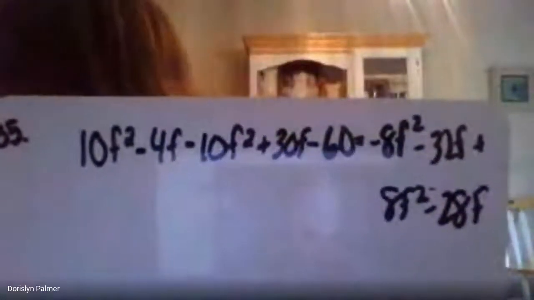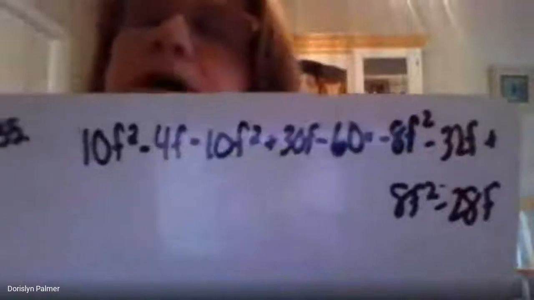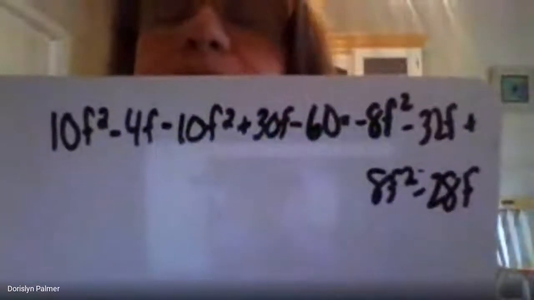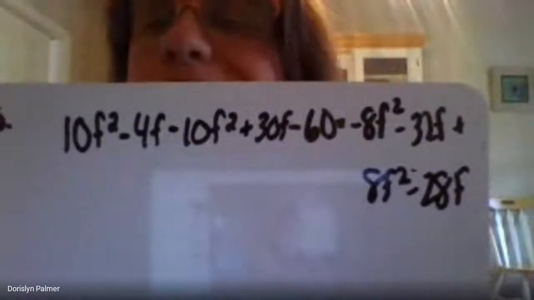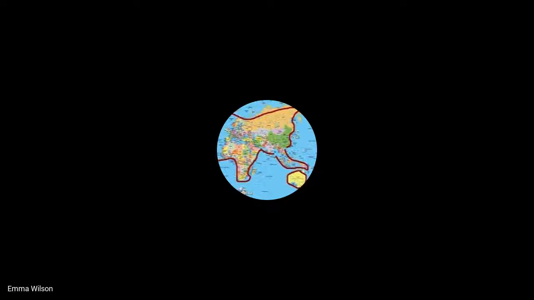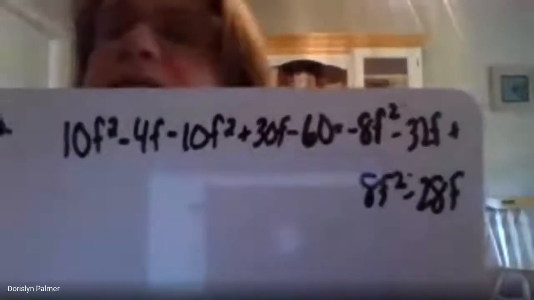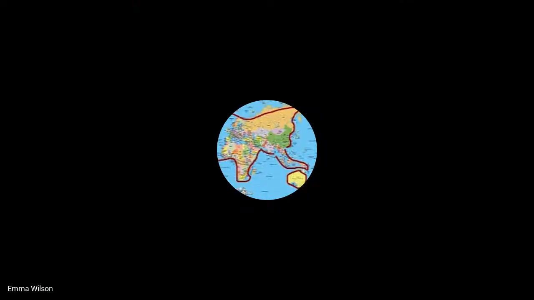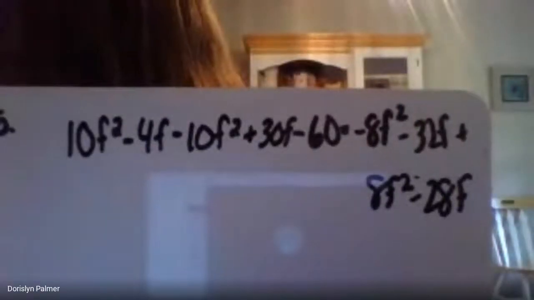So take that down, guys. Stop Mrs. Palmer if you see a mistake in there. I got 38F at the end. Yeah, that's very good. I accidentally did minus 30F instead of plus. Okay. At the end, 4 times negative 7F would be negative 28F.